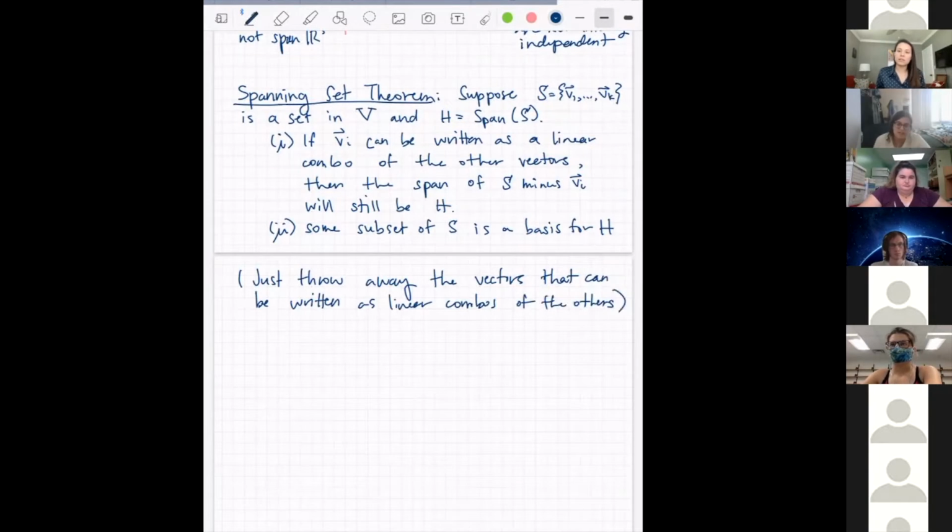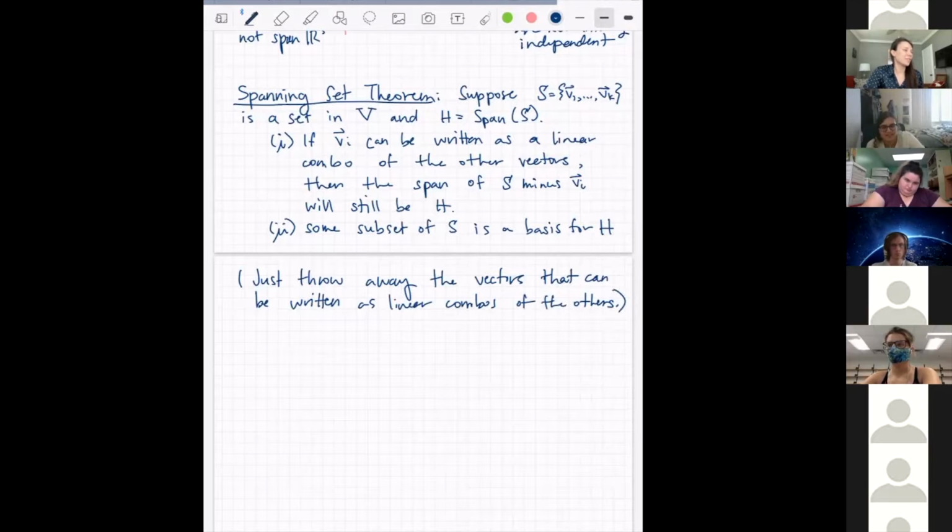I have a question. Go ahead. Sometimes the textbook uses wording where it says the vectors that can be written as linear combinations of the preceding vectors. Is that important or not really?